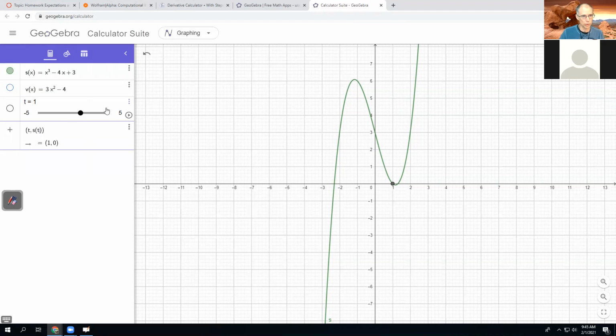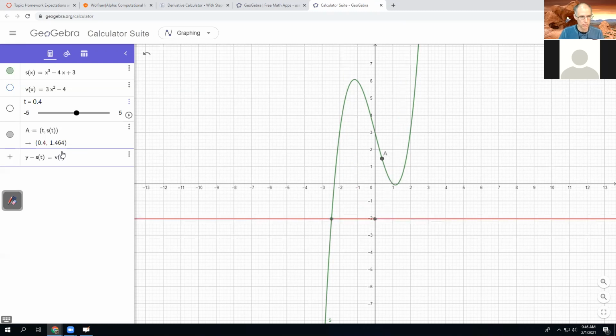Now the cool thing about that, once I make that slider, is I can use the slider to move the point around. But I want to show you the tangent line. So the tangent line would be y minus the y value, s of t, equals slope, which is v, times x minus whatever t is.